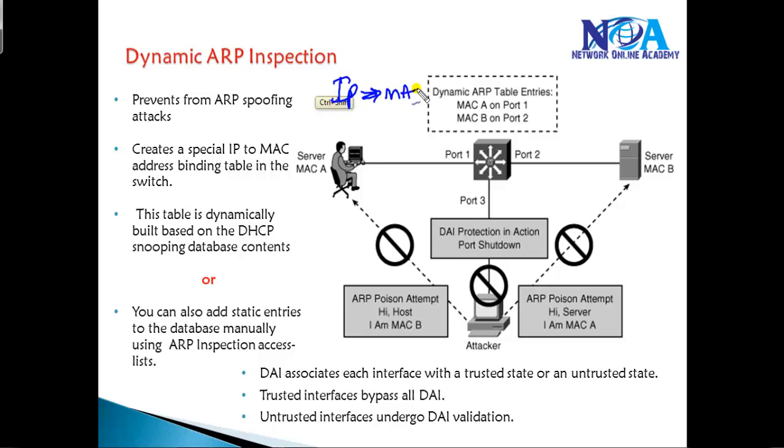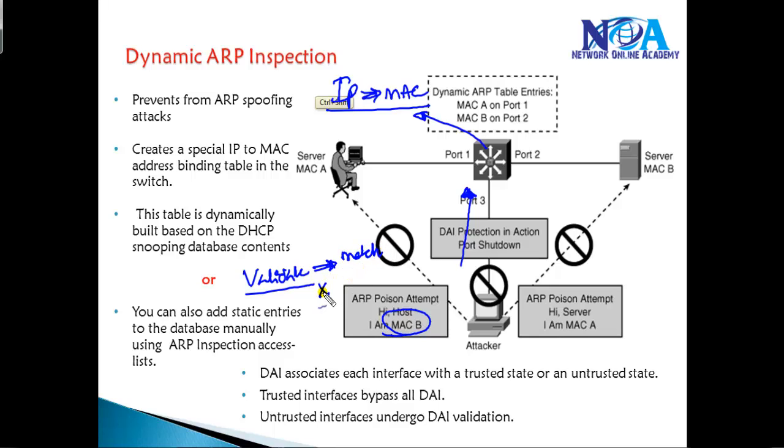Now once this IP to MAC binding information is done, if any ARP request is coming from here, the switch is going to do something called inspection. If an ARP request is coming from here, if the attacker says, hi, I'm MAC B, and sends any information, the switch is going to check the database and validate the ARP reply. If it matches the database, the switch is going to permit the traffic.